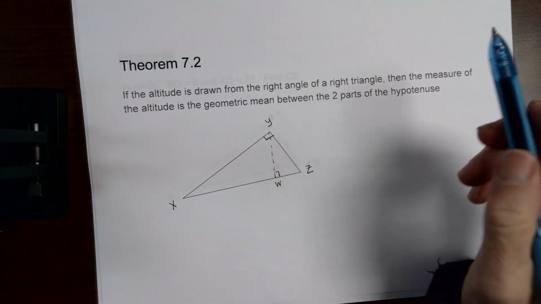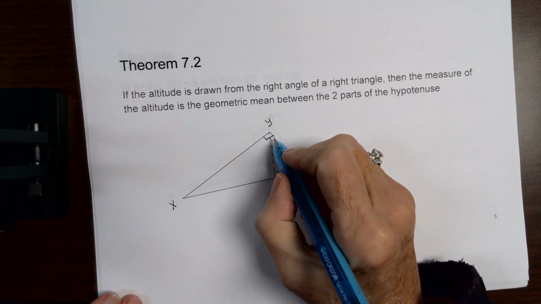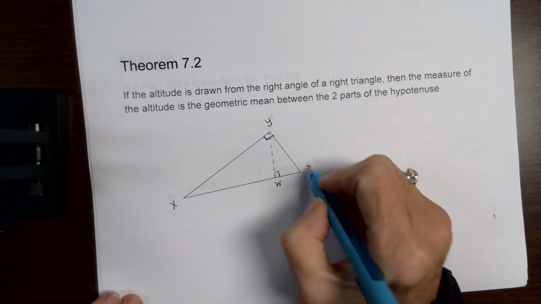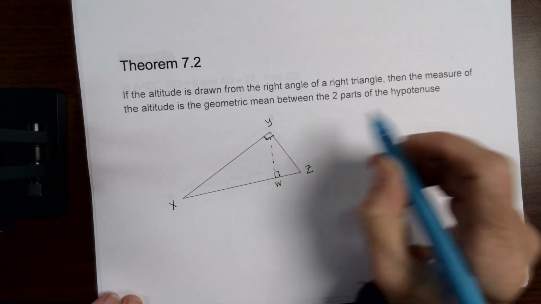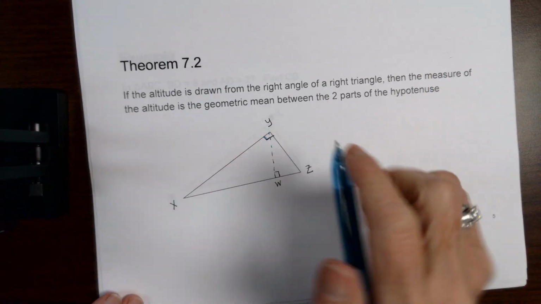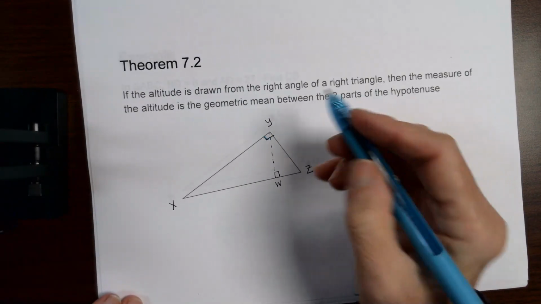Theorem 7.2 says, if an altitude is drawn from the right angle of a right triangle, okay, here's the right angle of this right triangle, and I'm drawing an altitude, which is from the vertex perpendicular to the opposite side, then the measure of the altitude is the geometric mean between the two parts of the hypotenuse.